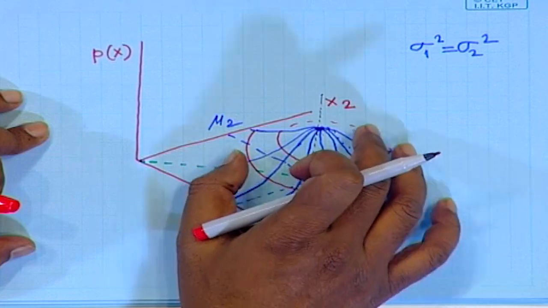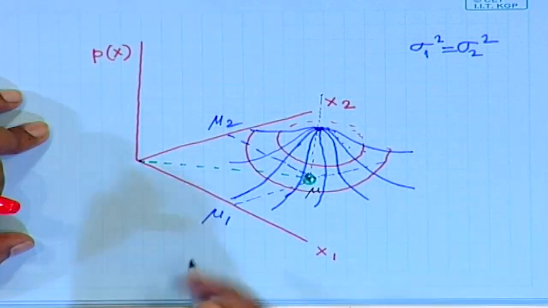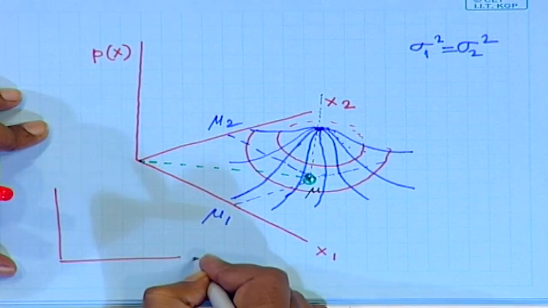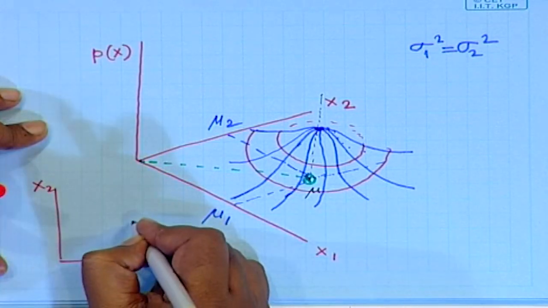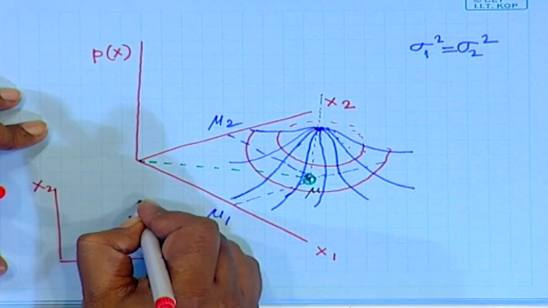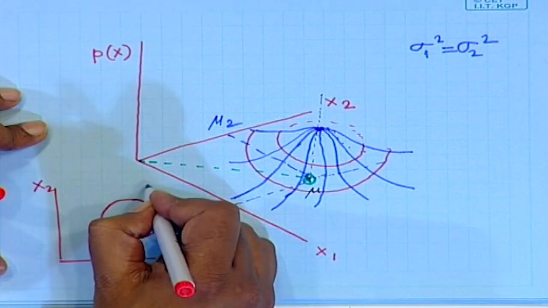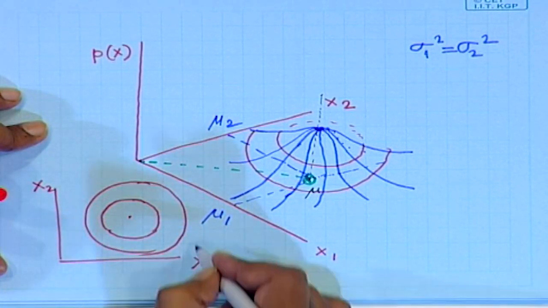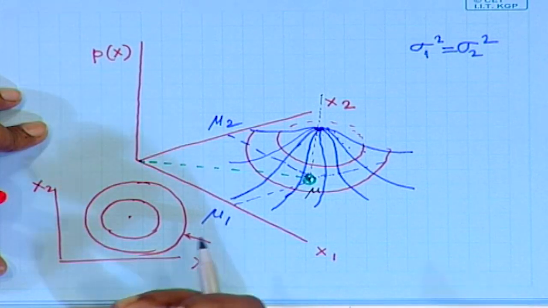Okay. So, if I take the footprint of these loci on this x1, x2 plane, I'll have a number of concentric circles like this, where each of these circles represents the loci of points having constant density.